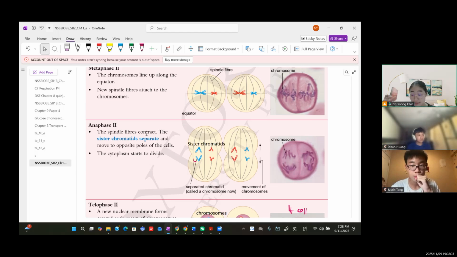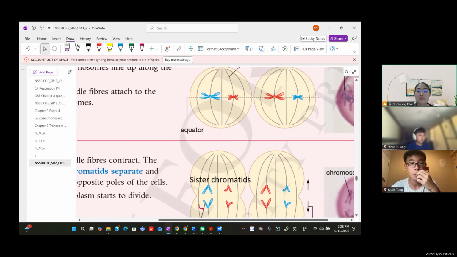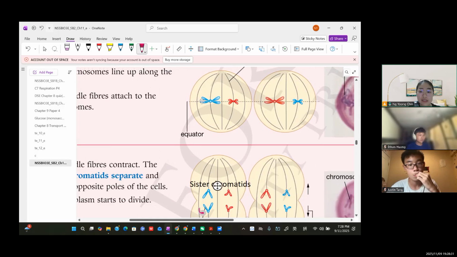So you know what's the difference between the homologous chromosomes and the sister chromatids? Because in this chromosome, right, you actually separate this. Yeah, so this is actually a sister chromatid.